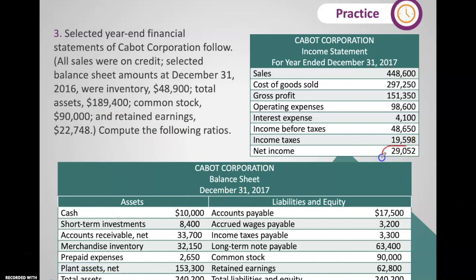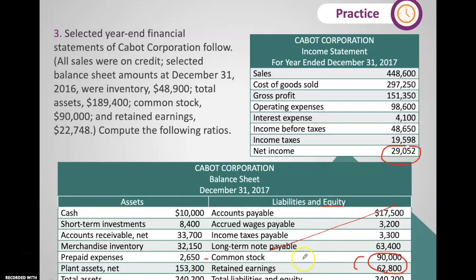Okay, so we want to take net income minus preferred dividends, but if you look, we only have common stock. So it's really just net income divided by average common stockholders' equity. So remember, the equity section is over here, liabilities and equity, but we're not going to include the liabilities, so it's whatever is left. So here's my equity from this year.